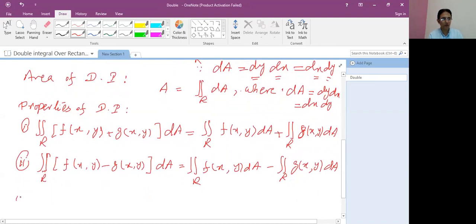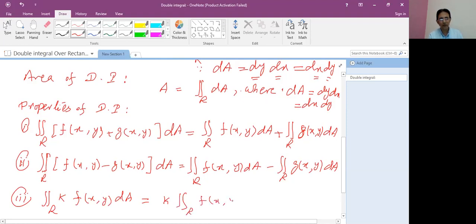Now the third property of double integral. There are three basic properties. If k is any constant multiplying the function that depends on two variables, dA, it is equal to k outside the integral, and then you find the double integral of the given function.